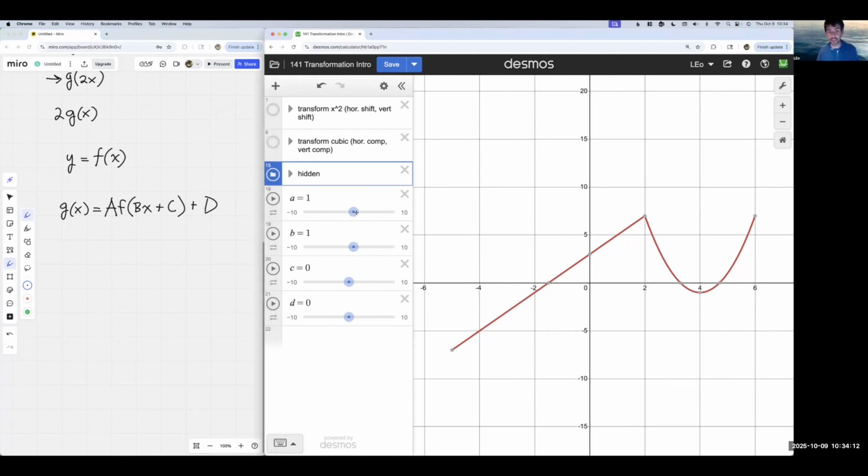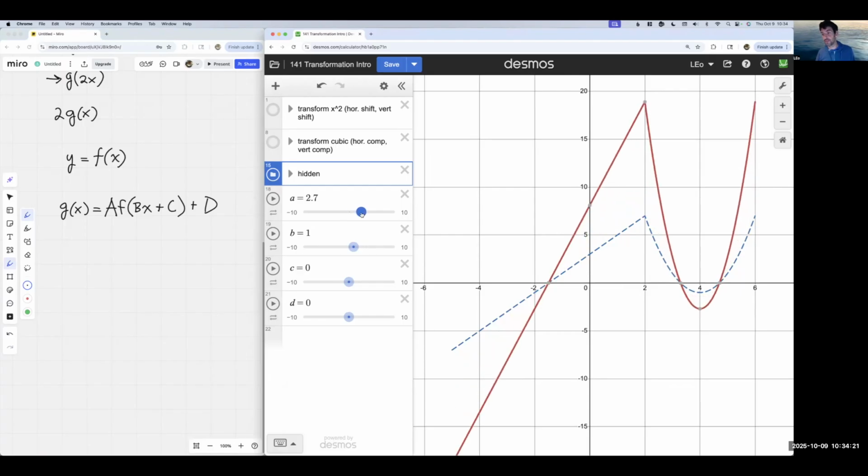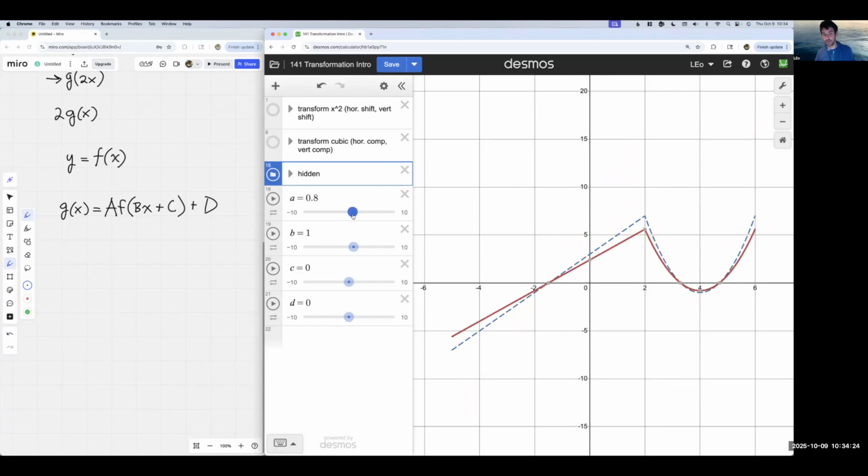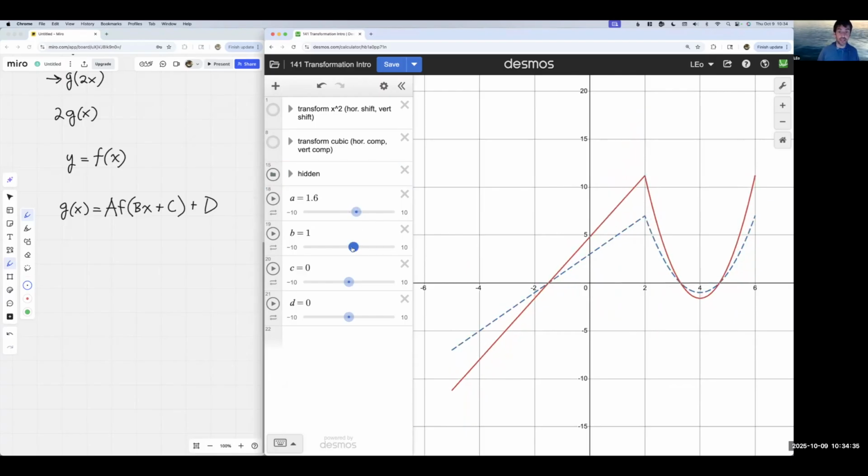For instance, right, I could think of A, that thing multiplying the whole function. Remember, we just looked at this and it stretched or compressed our function vertically, right? By multiplying by a big number, we're stretching it. If I multiply by a small number, we're compressing it vertically. Notice if I multiply by a negative, it flips it over. So that's one kind of transformation we could do. B, that's multiplying the input. Just like multiplying the whole output stretches vertically, multiplying the input stretches or compresses horizontally.